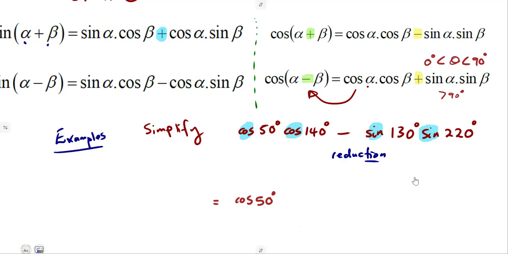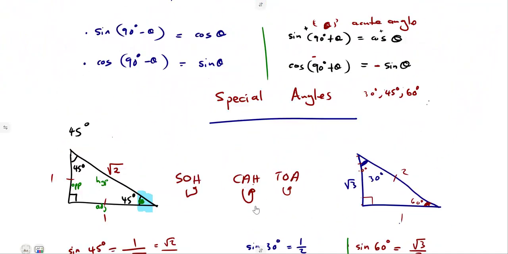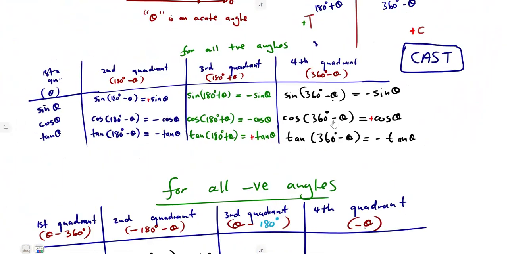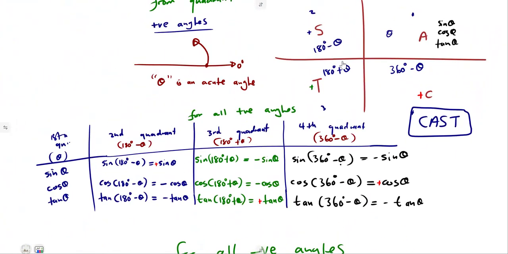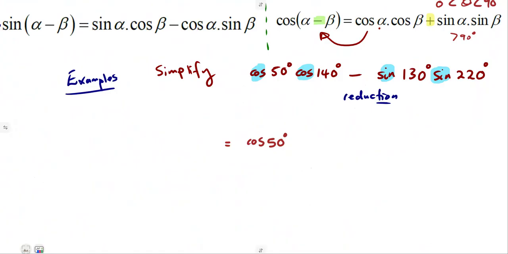Where exactly do we have this angle? Remember from our previous class when we dealt with those positive angles, 140, we expect that one to lie in the second quadrant, where it is written as 180 minus theta. So it was supposed to be cos of 180 degrees minus theta. What is that theta that we must subtract to get 140?